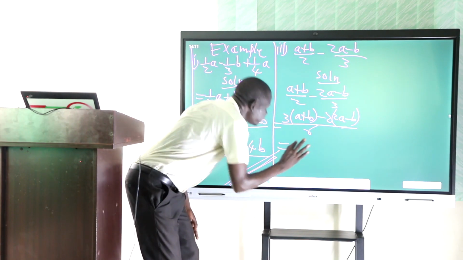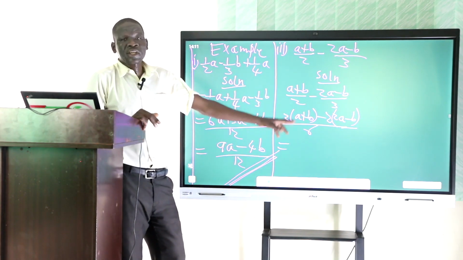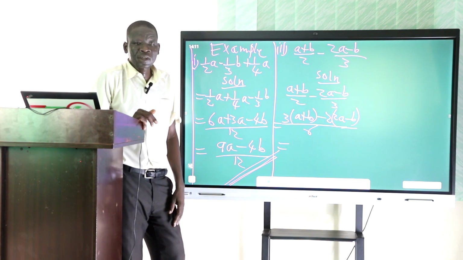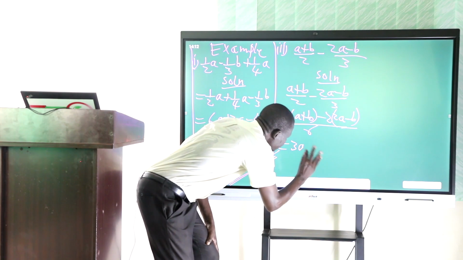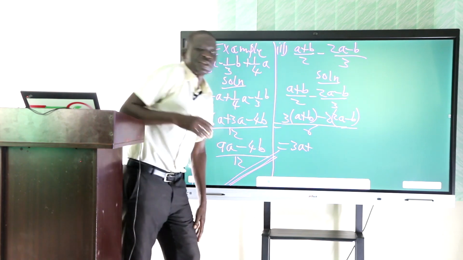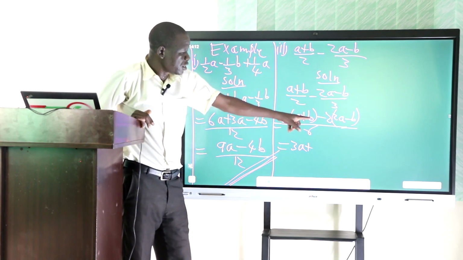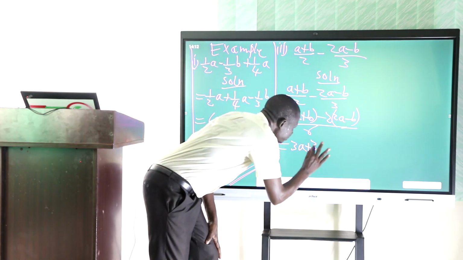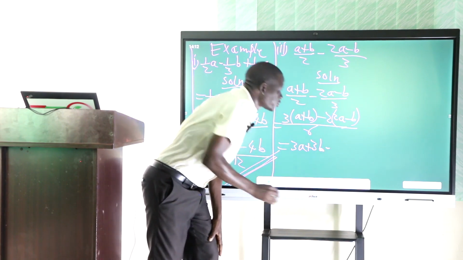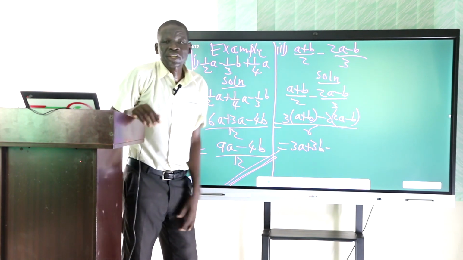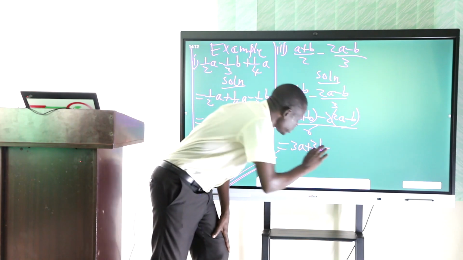So from this point, we shall now have 3 times A. When we open the brackets, 3 times A, we get 3A plus 3 times B, we get 3B. Then minus 2 times 2A, we get 4A.